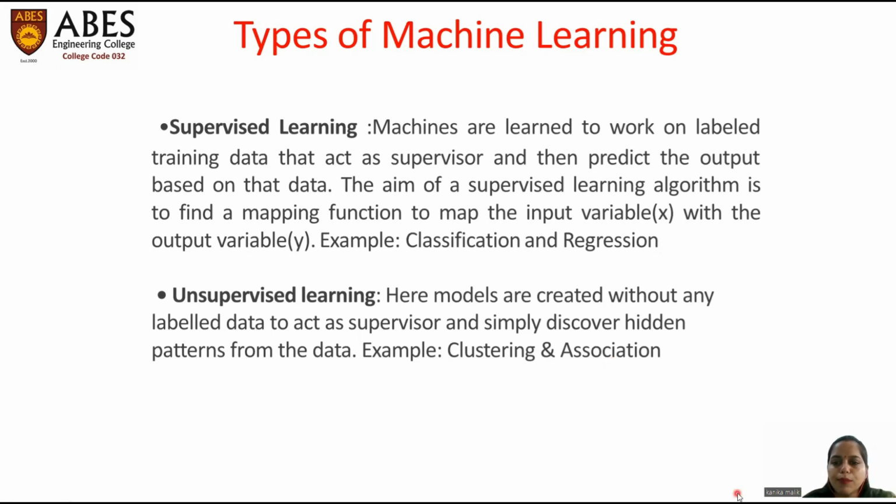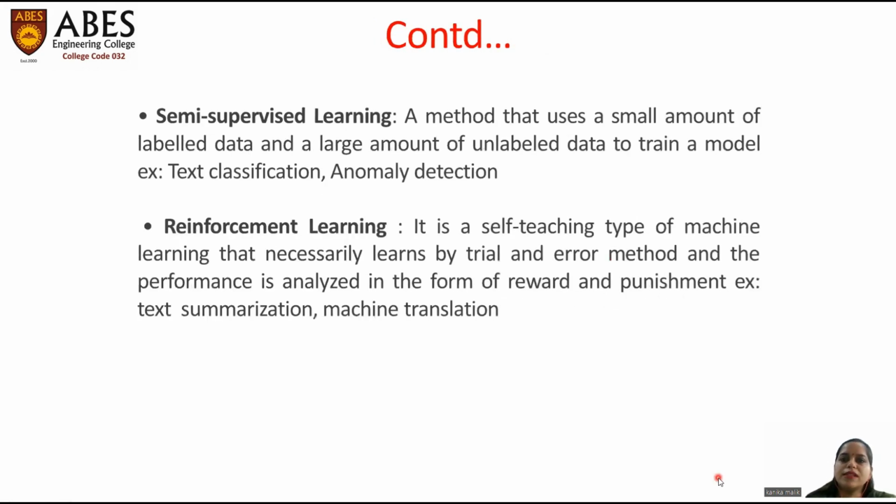Then the third type of learning would be what? Semi-supervised learning. What is semi-supervised learning? It is a method that uses a small amount of labeled data and a large amount of unlabeled data to train a model. In earlier examples, I have shown you that there are 2 types of data again, labeled and unlabeled. Labeled means which has been provided some values or some tags and it helps us in the prediction of output.